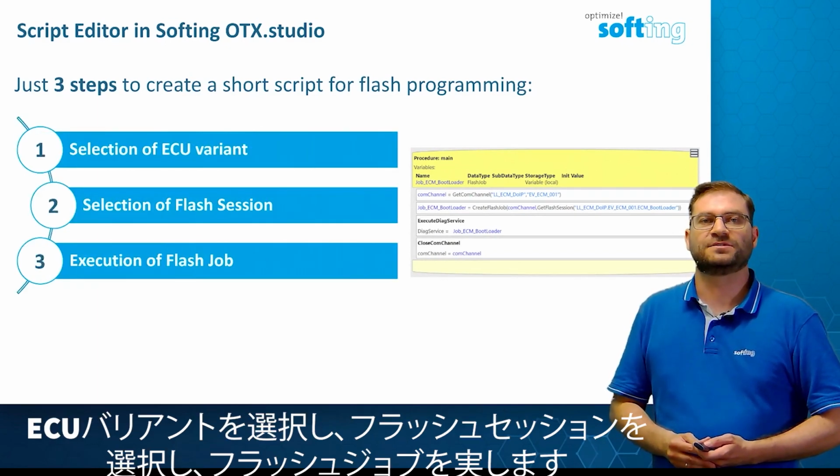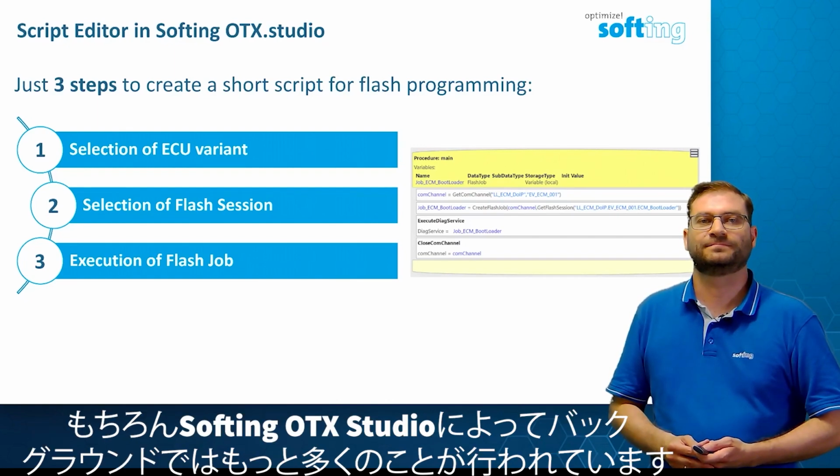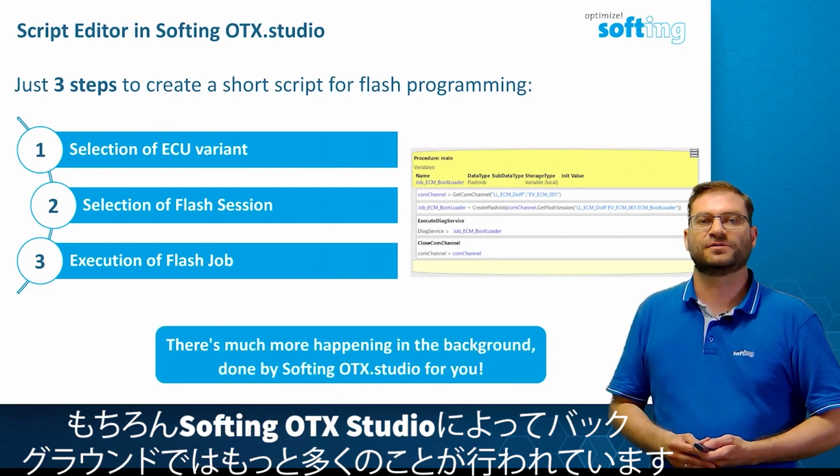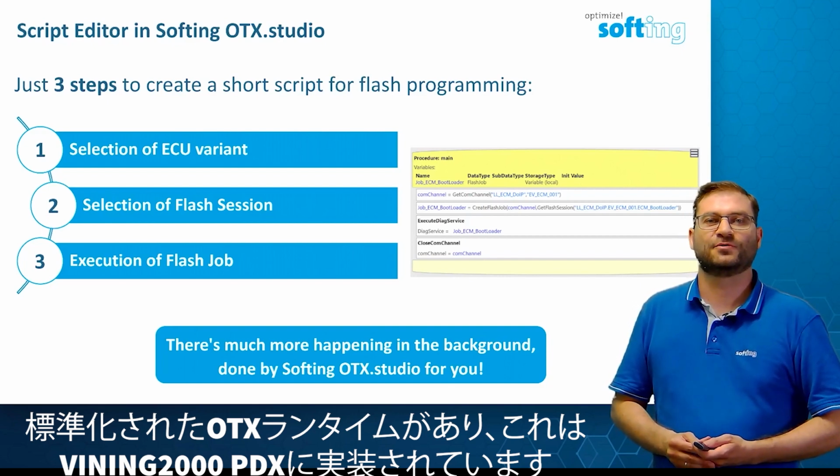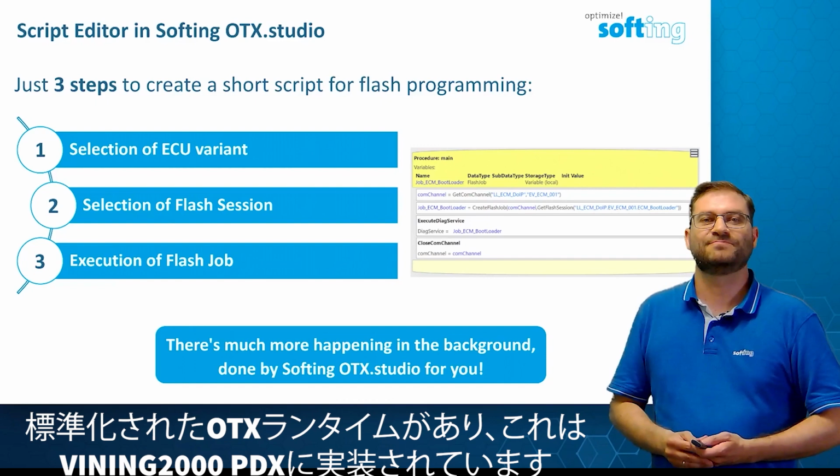We select the ECU variant, we select the flash session, and then we execute the flash job. Of course, there is much more happening in the background, which is done by Softing OTX Studio for you. There is a standardized OTX runtime, which is also integrated in Winning 2000 PDX.